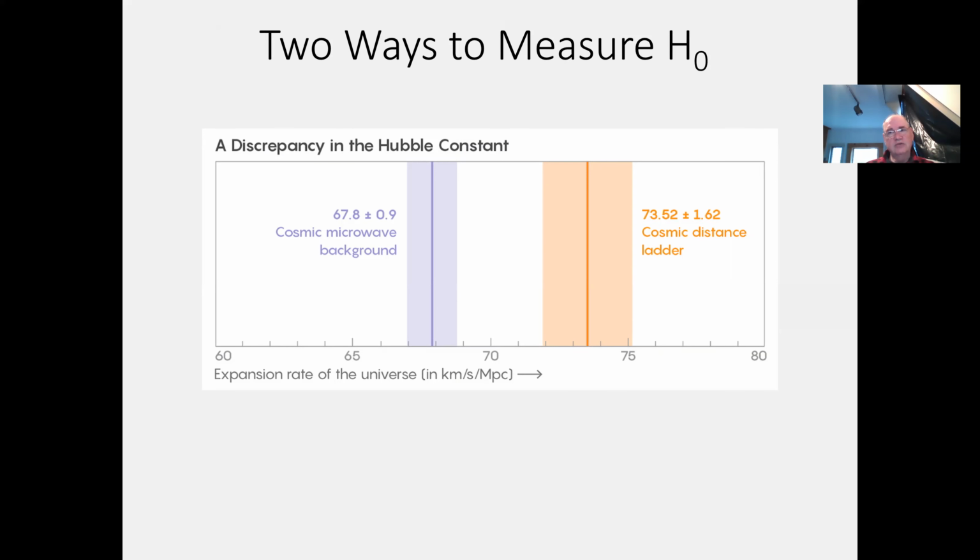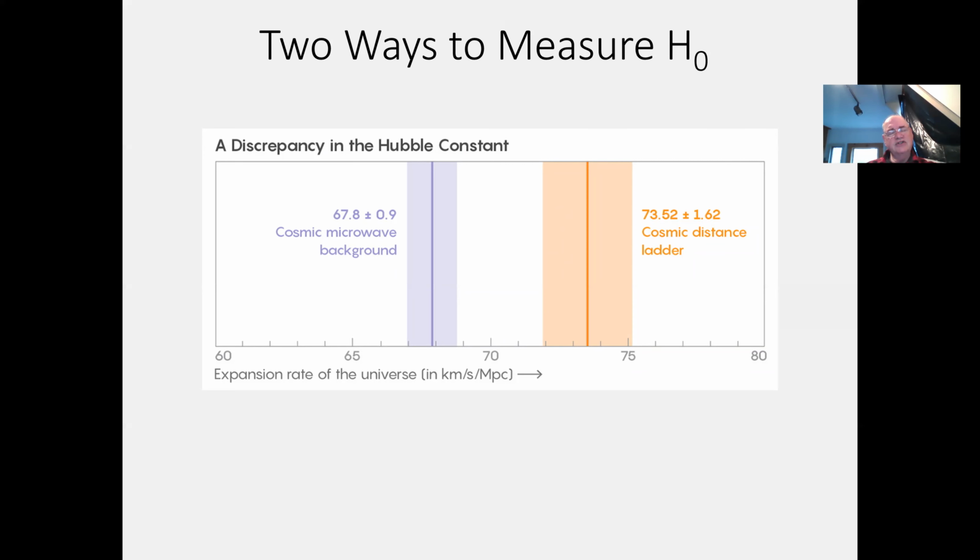That's where we need those standard candles. When we're looking at something very, very far away, if we have some kind of a tell, some kind of a clue that tells us what its real brightness is out there in the vastness of space compared to the brightness that we see, we can measure the distance.